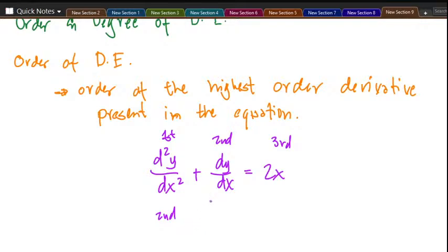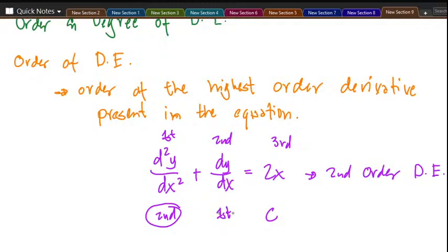On the second term, the order of the derivative is first, so we don't have any superscript here. Then the third term has no derivative or differential, so this is a constant. Our highest order derivative is of the second order. Therefore, this DE is a second order differential equation.